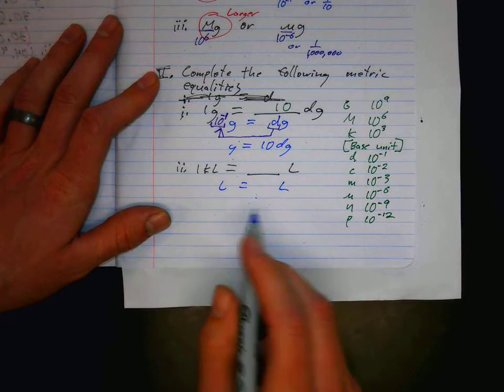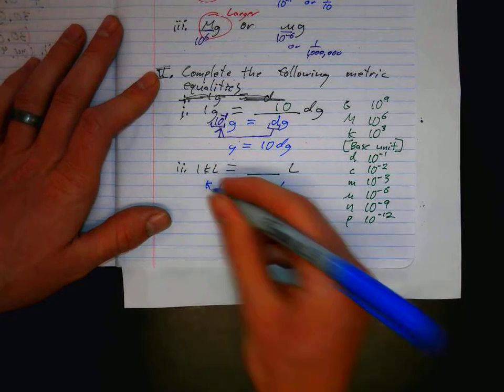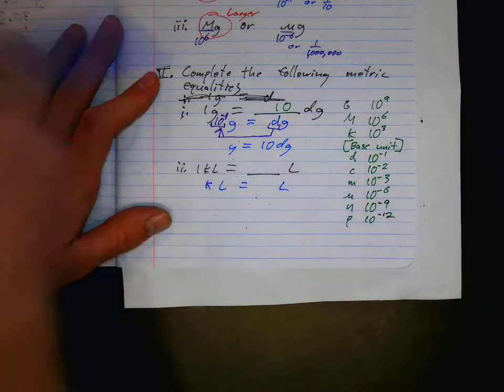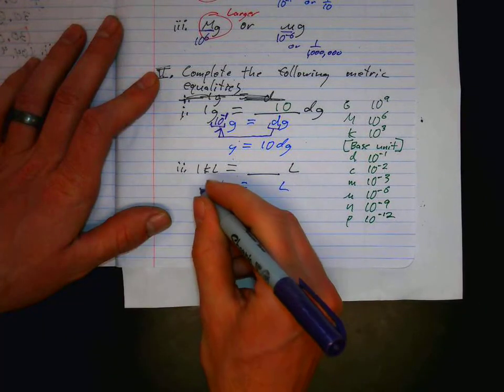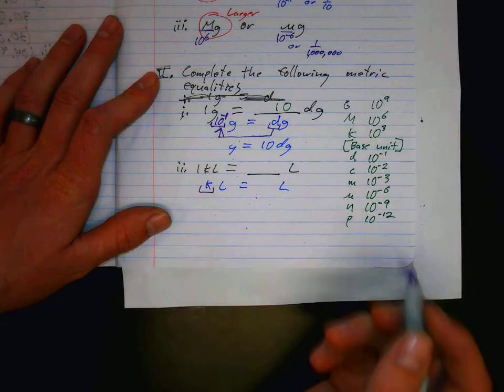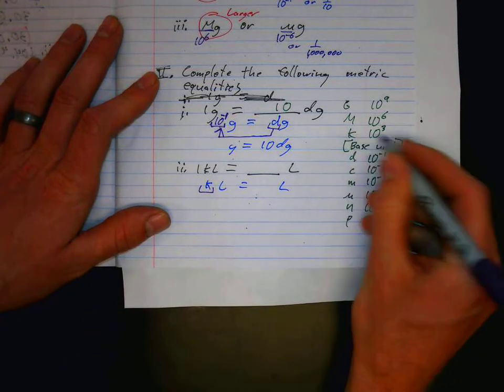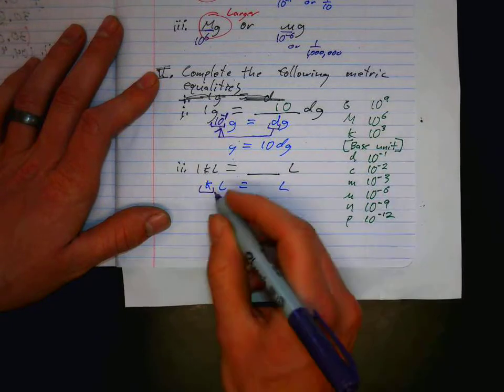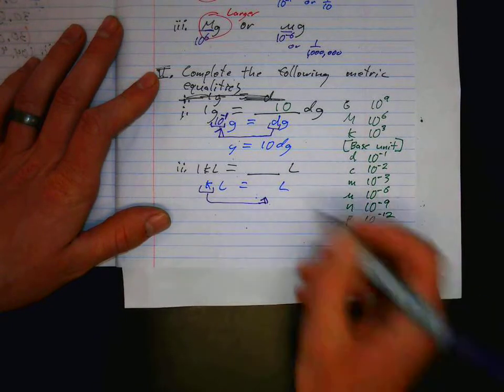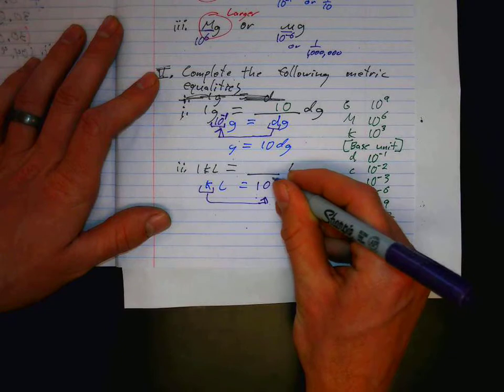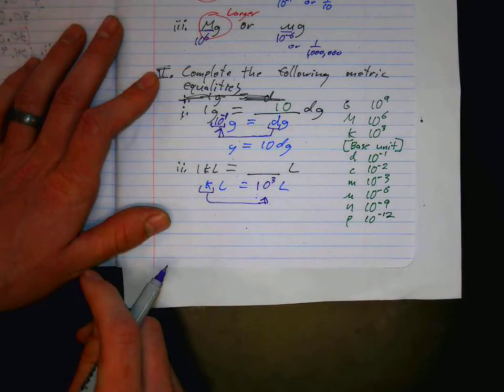And so then a kiloliter, well, what does kilo mean? If I just put in that prefix on one side, I need to put the meaning of the prefix on the other side. So kilo means 10 to the third. So to keep this equality in balance, a kiloliter equals 10 to the third liters.